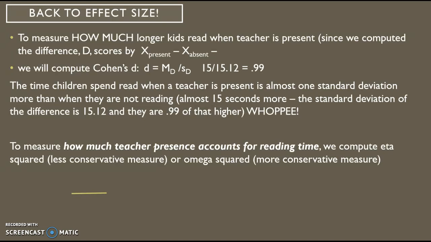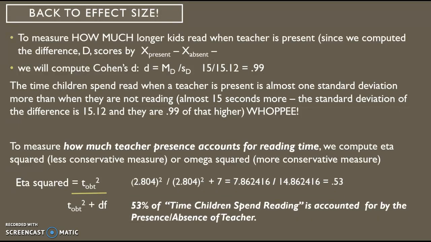Now we want to talk about, well, how much does teacher presence account for reading time? And that's when omega squared and eta squared come in. So here's eta squared. It's just your t obtained squared over your t obtained squared plus degrees of freedom. And when I compute all of that, I get about 53%. Remember, that's a proportion of variance accounted for.